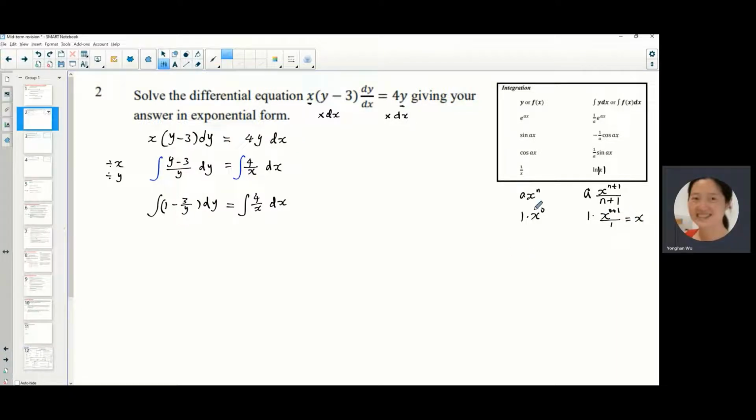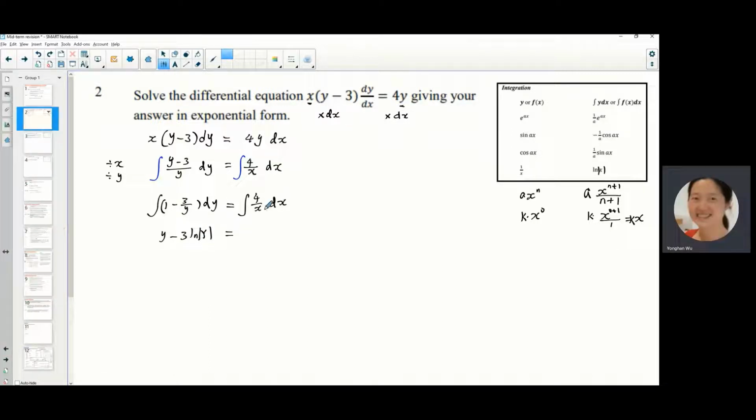The integral of any constant k is just k times x. So here I have y, there's the integral answer, and then minus the 3, which is a constant stuck in front, log of the absolute value of y.